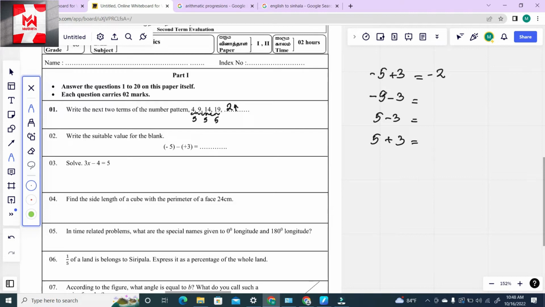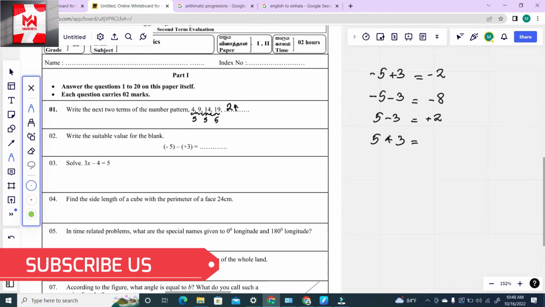For minus 5 minus 3, the signs are equal, so we add to get 8, and the sign is minus. For 5 minus 3, the signs are not equal. The sign of 5 is plus and the sign of 3 is minus, so we subtract to get 2, and the highest sign is plus. For 5 plus 3, the signs are the same, so we add 8.